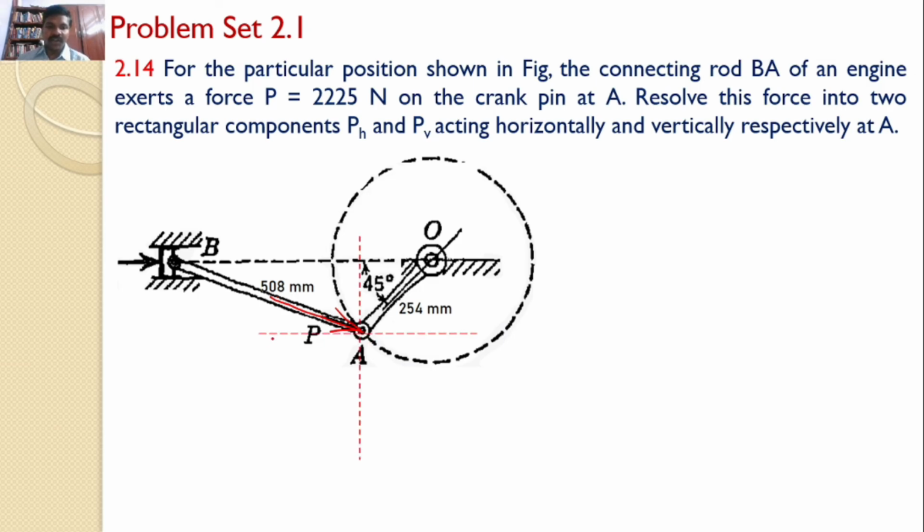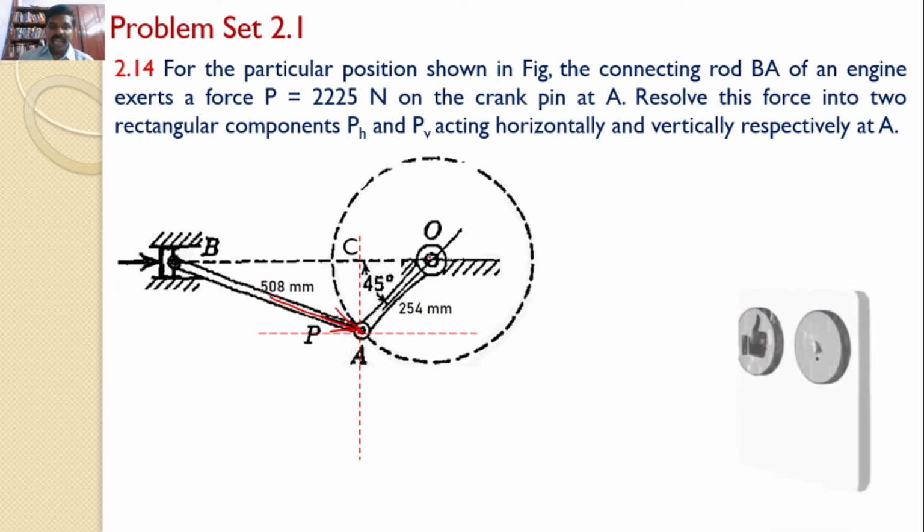That means I want to resolve this force P along these two axes. In order to resolve this force, I must know the angle made by the force P with either x-axis or y-axis. For that, I will construct a small right angle here, OAC. OAC is right angle.